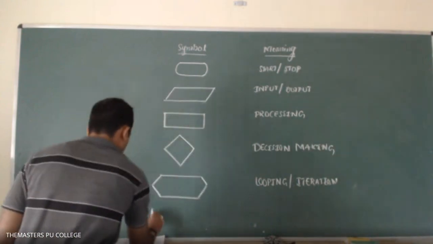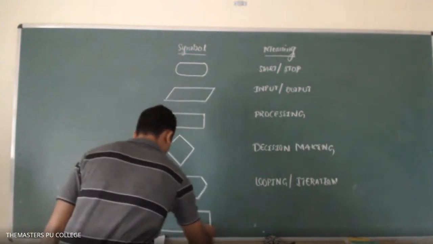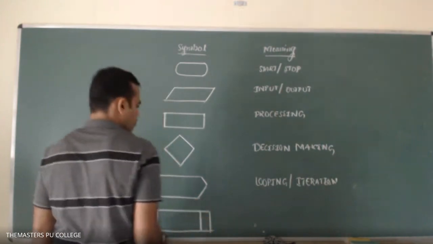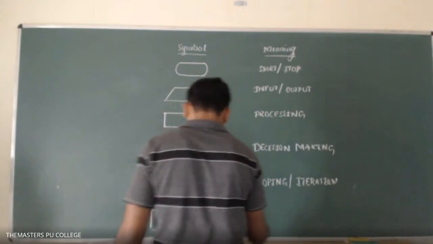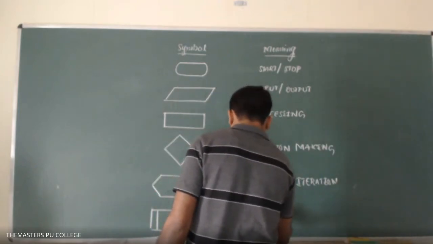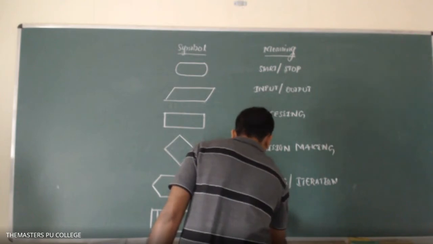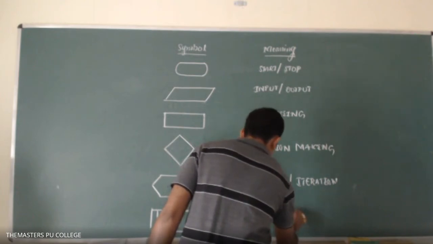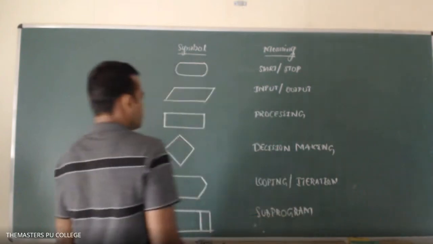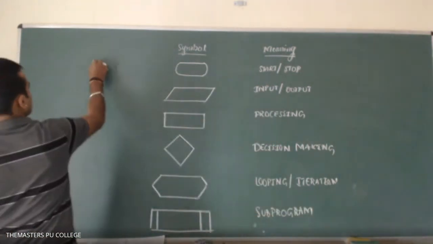Next. This is predefined process, or it indicates a subprogram. And then circle.